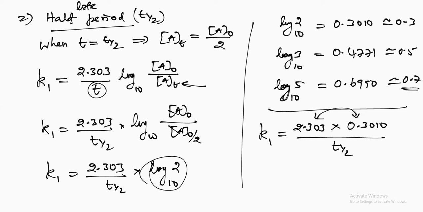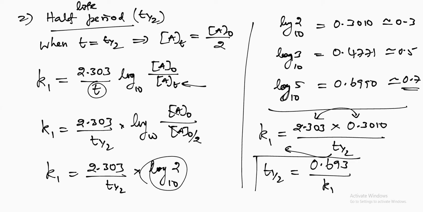If you multiply 2.303 and 0.3, you will get 0.693. I'll bring T half to the left hand side and K1 down. So T half equal to 0.693 by K1. This is the half-life period expression for a first order reaction.